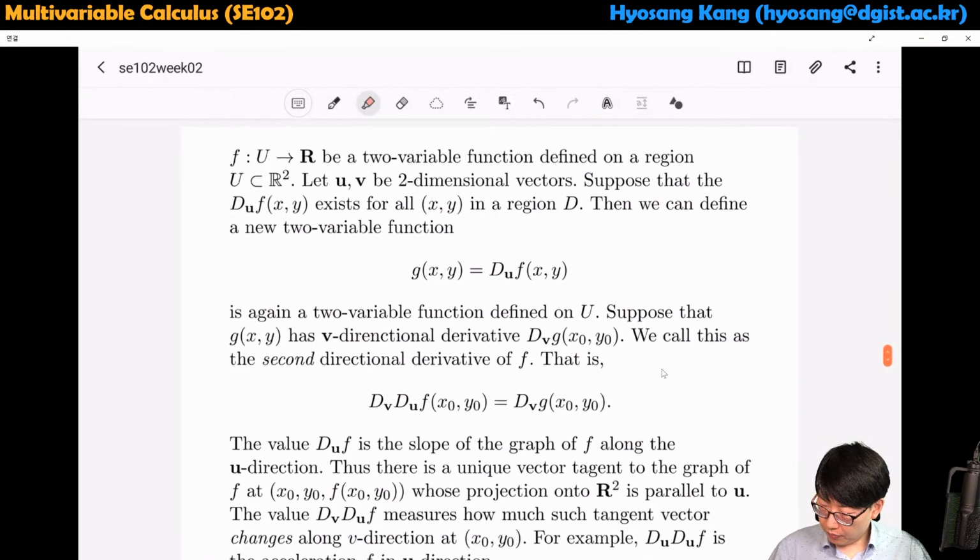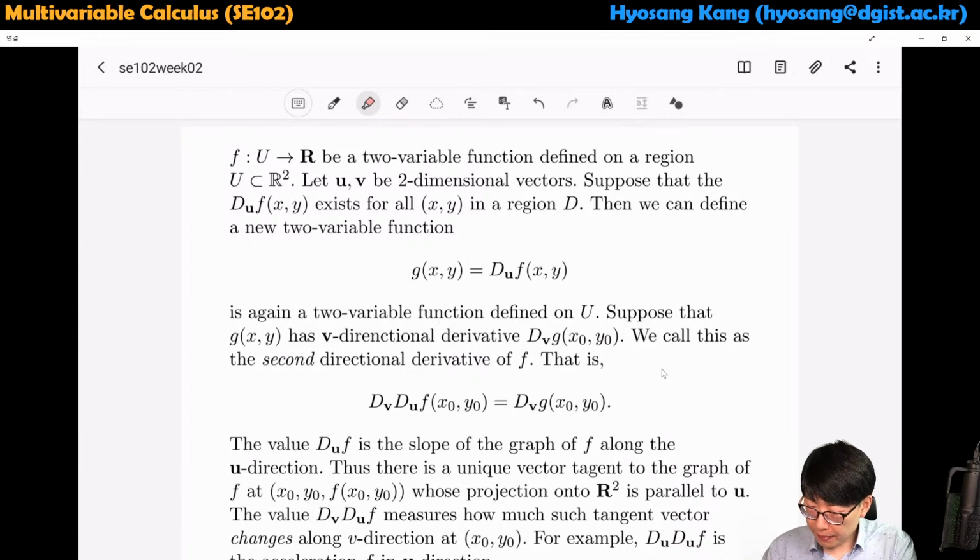All right, so once you have a notion of directional derivative, and suppose that you can take the directional derivative of a given direction vector at any point, then you can define a new two variable function out of the directional derivative.